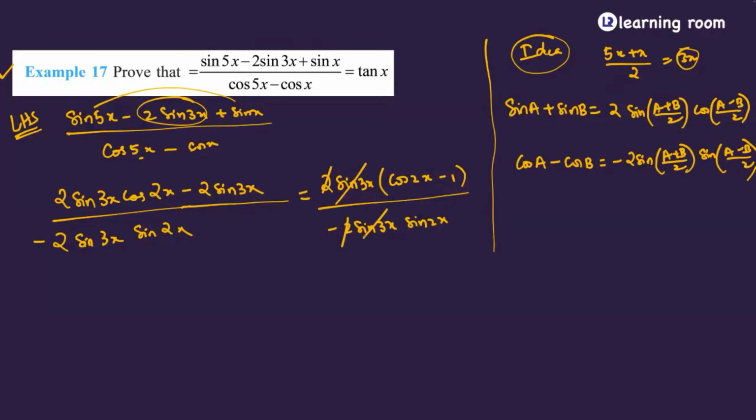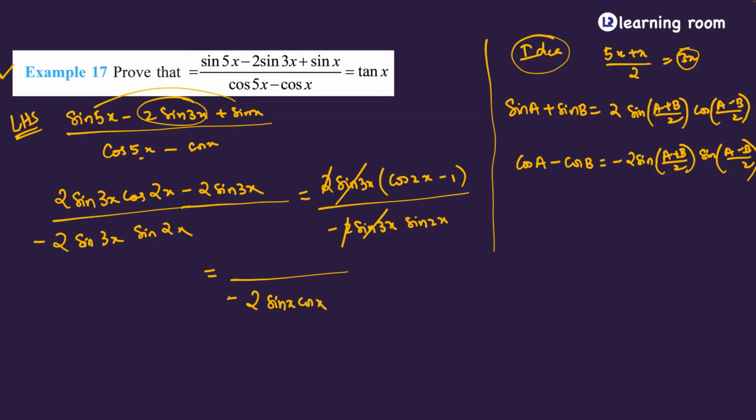So what is the formula for cos 2x? Observe the right hand side is tan. I have sine 2x in the denominator. So first let me write the denominator. It is 2 sine x cos x. So for this to get simplified, what do you think I'll get in the numerator? I should get 2 sine square x.